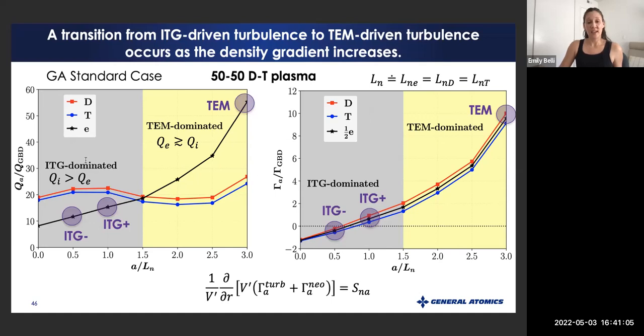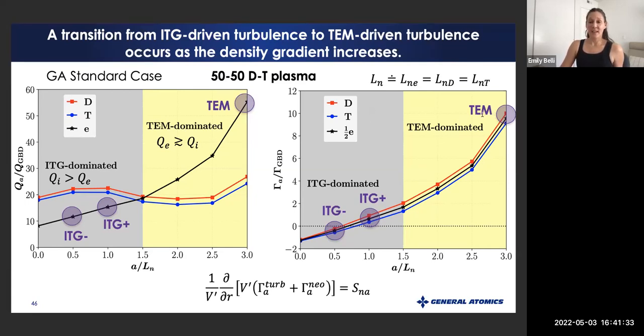So for the ITG cases, the ion energy flux is larger than the electron energy flux, and the particle fluxes are relatively low. In contrast, for the TEM case, the electron energy flux is larger than the ion energy flux, which is consistent with our strong non-adiabatic regime. And correspondingly, the particle fluxes are very large and positive, indicating an unfavorable outward flow of particles from the core.